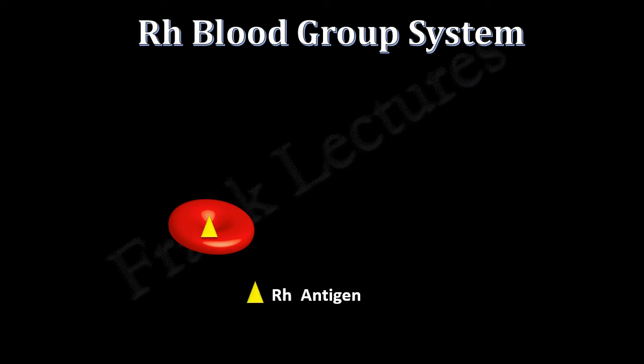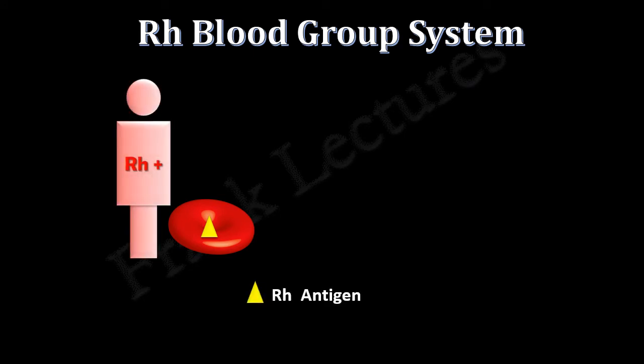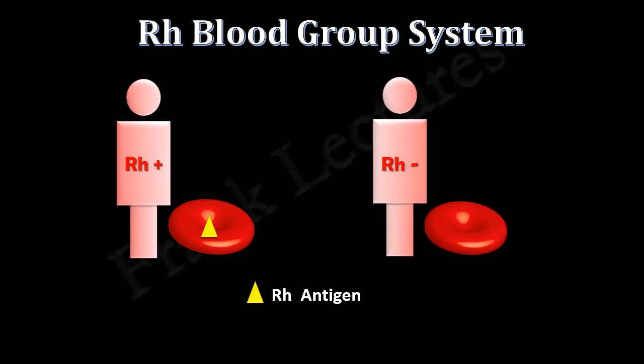Now, we have also studied Rh blood group system. We know that the individuals having Rh antigen on their red blood cells are known as Rh positive, and those in which Rh antigen is absent are known as Rh negative. We also know that there are no natural anti-Rh antibodies in Rh negative individuals.